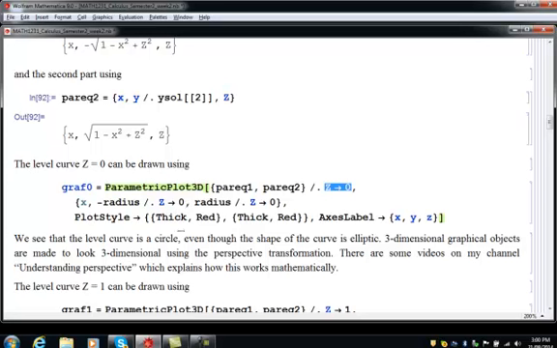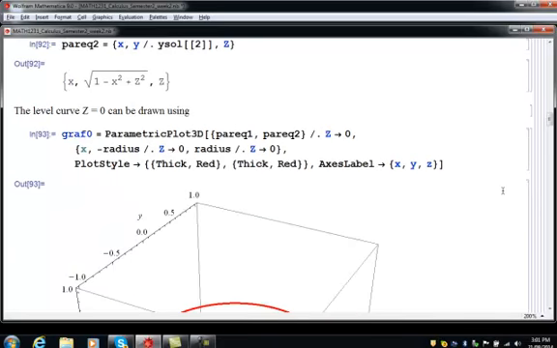And we want to plot both curves in red and thick, and we want the axis labels to be x, y, and z. So let's do that.